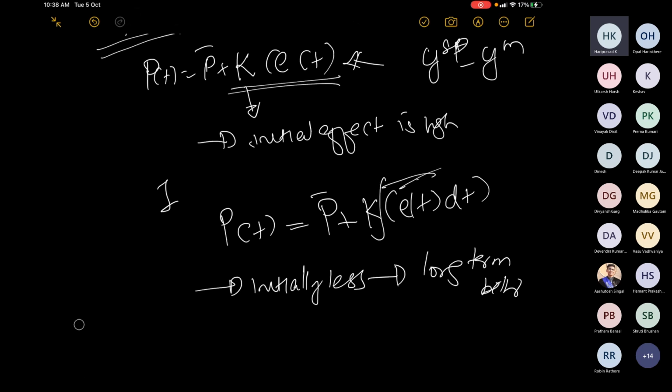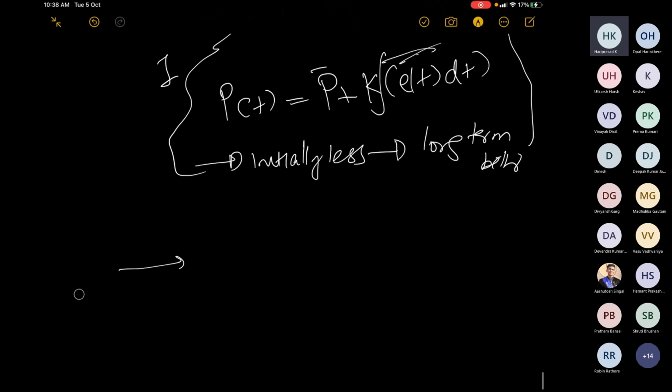So people thought, okay, can we combine these two things together? You have an initial push followed by the integral action that would eliminate the offset. That gives rise to what is known as the PI, or proportional integral controller.